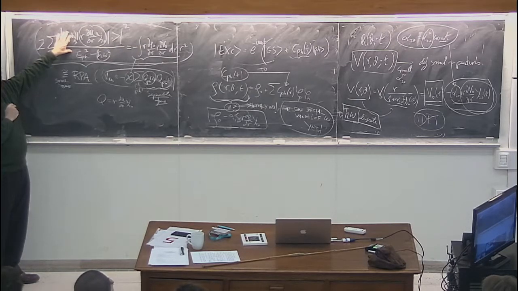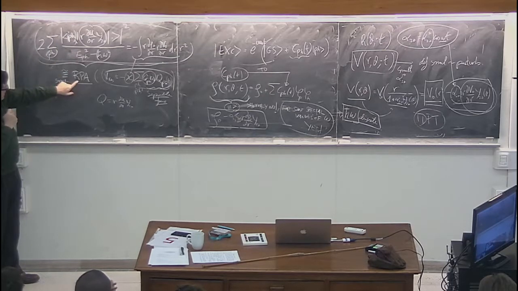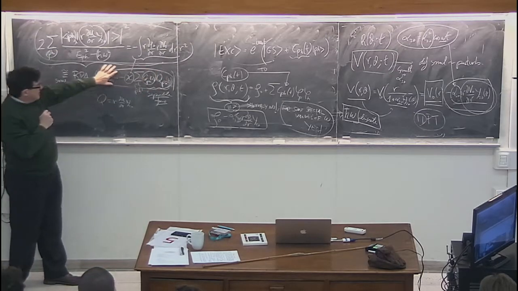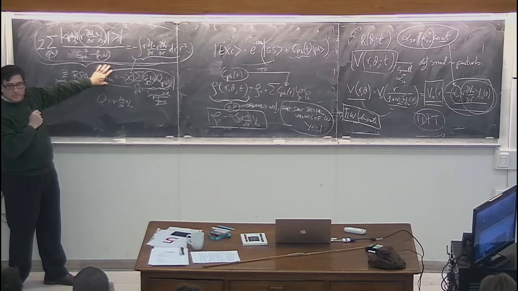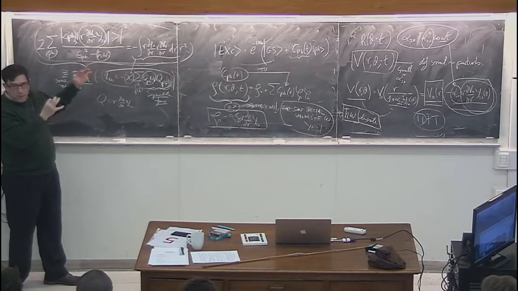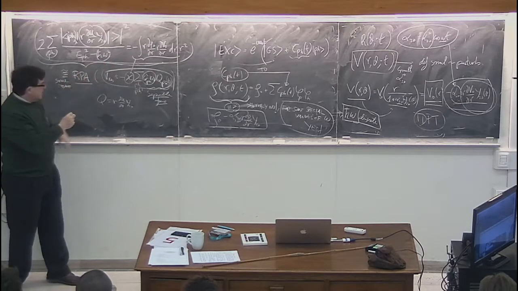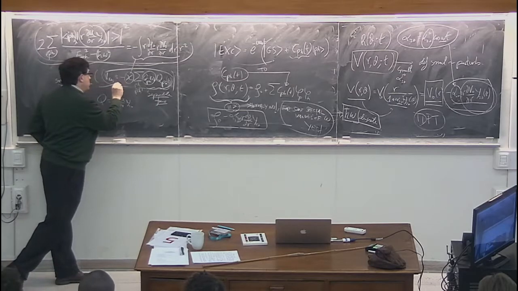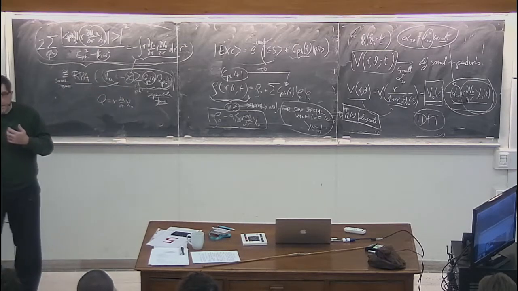So it's a special form for the residual interaction. I was saying it looks somewhat special, but in fact many different forces, microscopic forces, can be rewritten in this way. There are many papers where we can look at this.